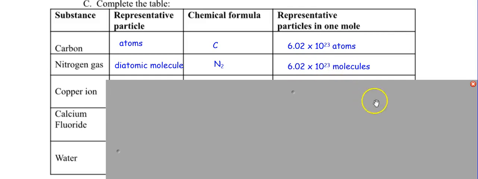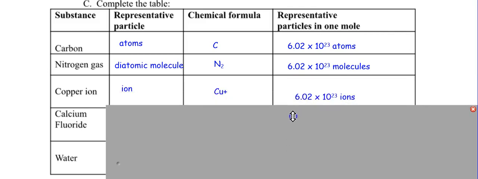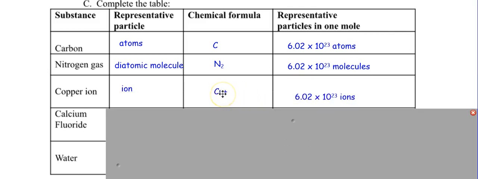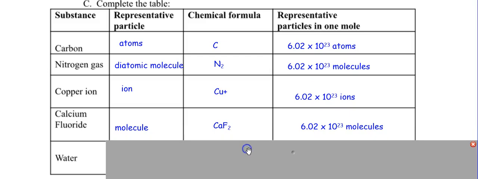Well, what about copper ion? I just made it Cu plus, plus 1. It could be plus 2, I don't care. But you have 6.02 times 10 to the 23rd ions in 1 mole. What about calcium fluoride? It's a molecule, or it could be a formula unit. Its chemical formula is CaF2.